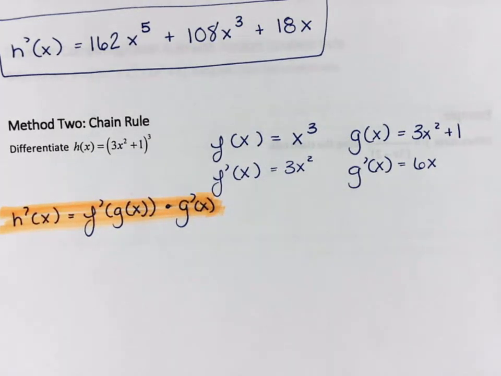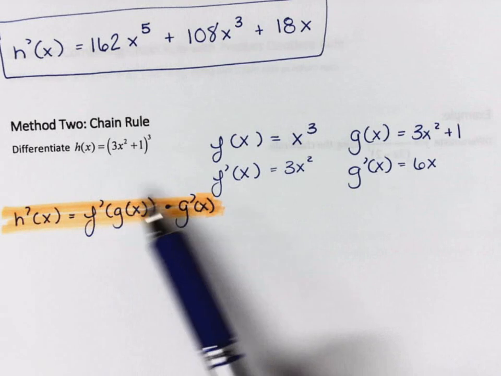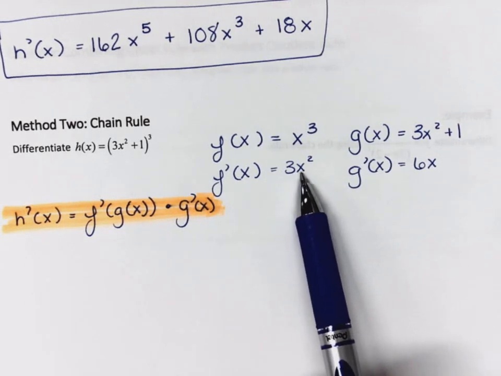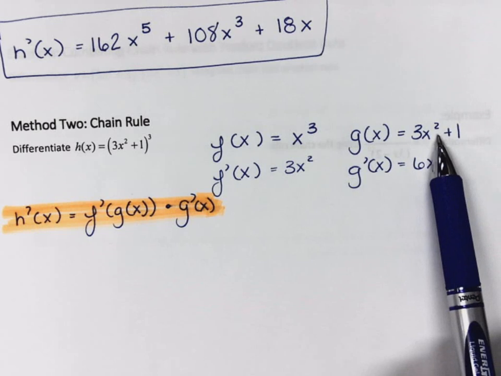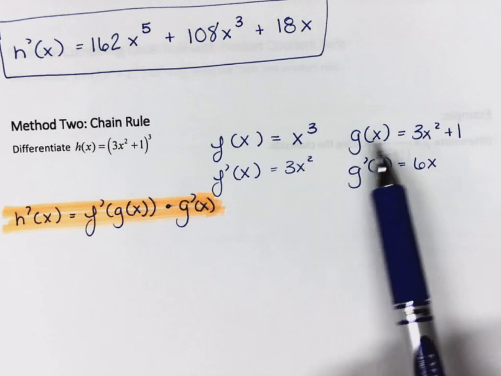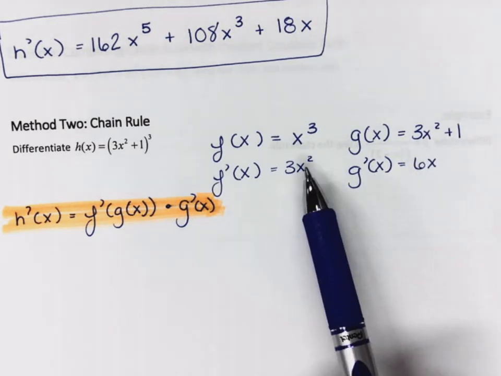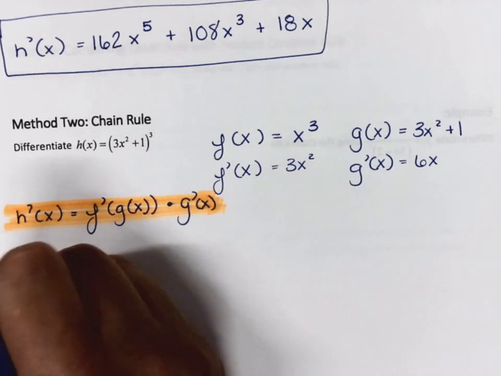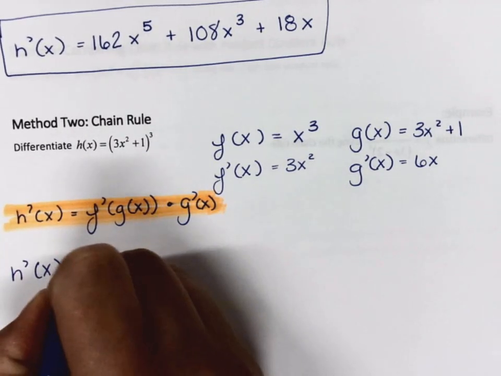Okay, so we said that the derivative of f of x is 3x squared. But we have to put the original g of x in where we see x in this equation. The original g of x into the derivative of f of x. Here we go.